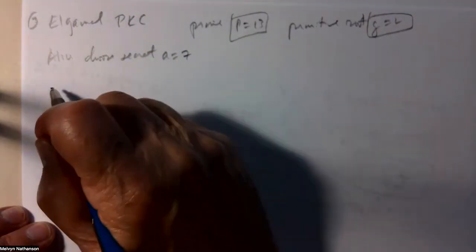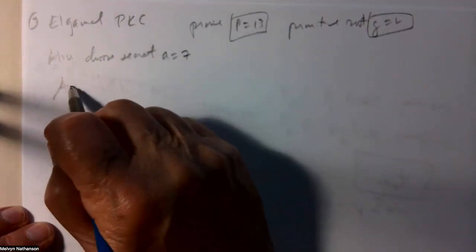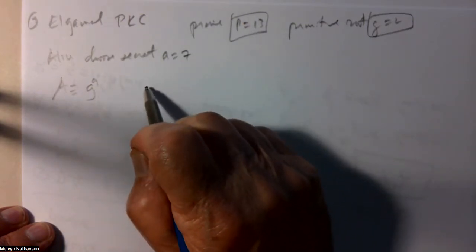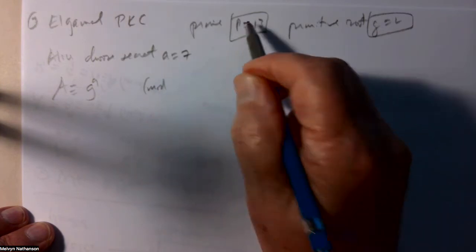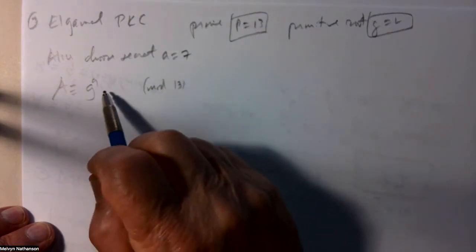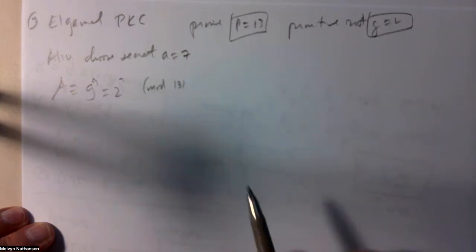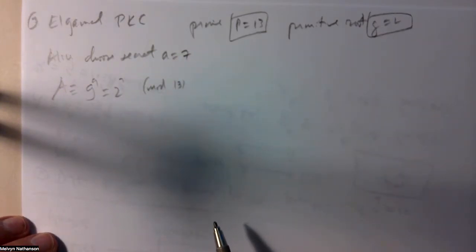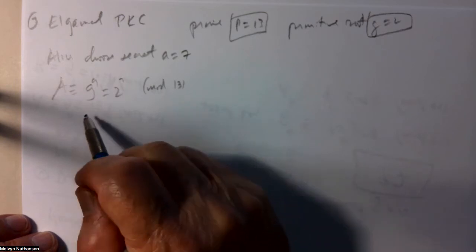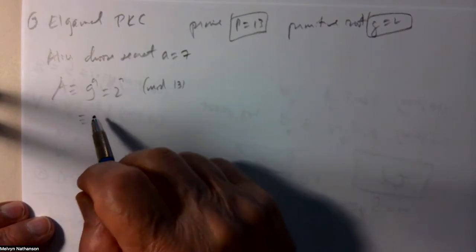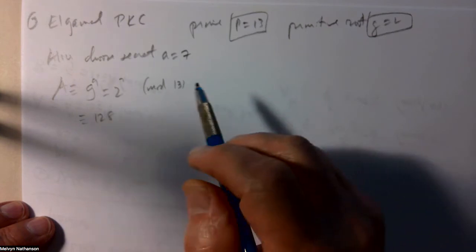And then she calculates capital A, which is g to the a mod p. p is 13 in this case, g is 2. 2 to the 7th mod 13. What is 2 to the 7th mod 13? Actually, we don't even need a calculator for this. 2 to the 7th is 128.